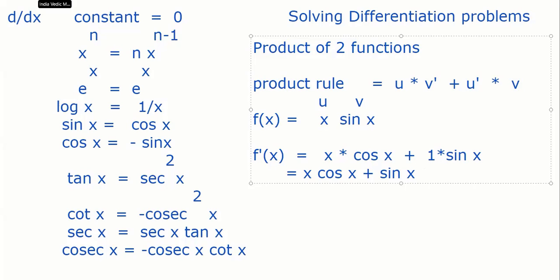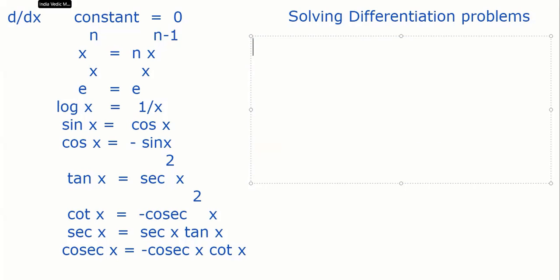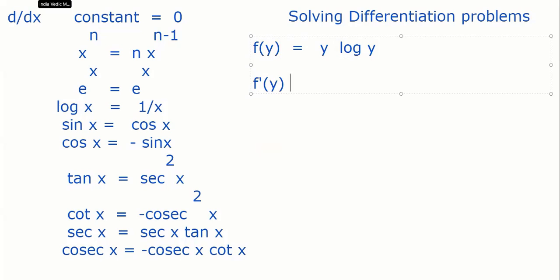Let's solve some problems. Suppose function is given in y, we are going to use y now so that x doesn't look. So the question is y log y. Base is e. If I don't write, assume base is e. F of y equal to y log y. If I have to differentiate, what will I do? F dash y is what? First I take the first function, multiply with differentiation of second function.